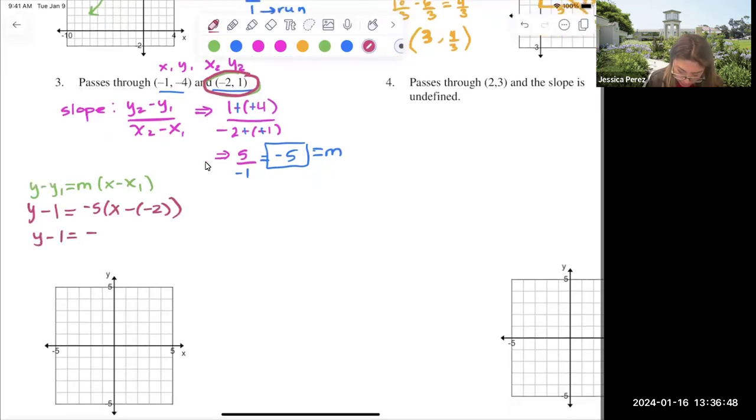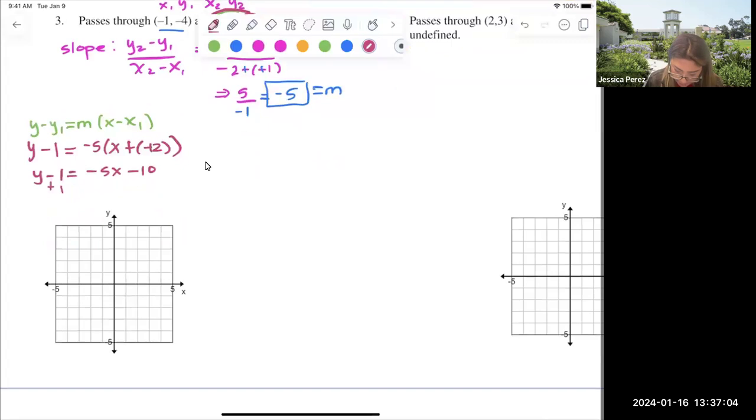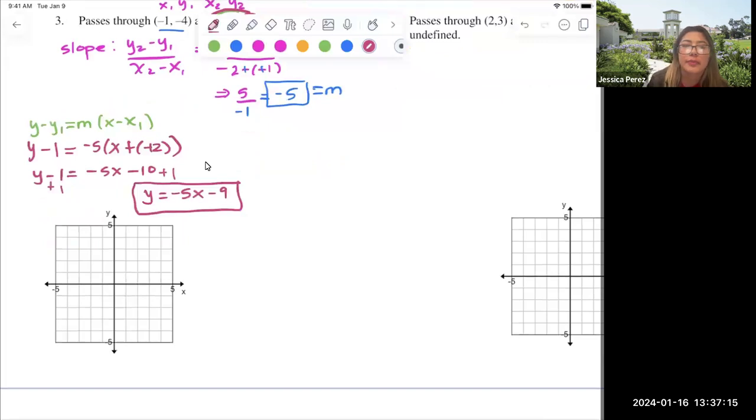Y minus 1 equal -5x plus, this gives me a +2, and then this gives me a -10. So then I add 1 to both sides. So I get y equal -5x minus 9. And this is exactly the equation in slope-intercept form.